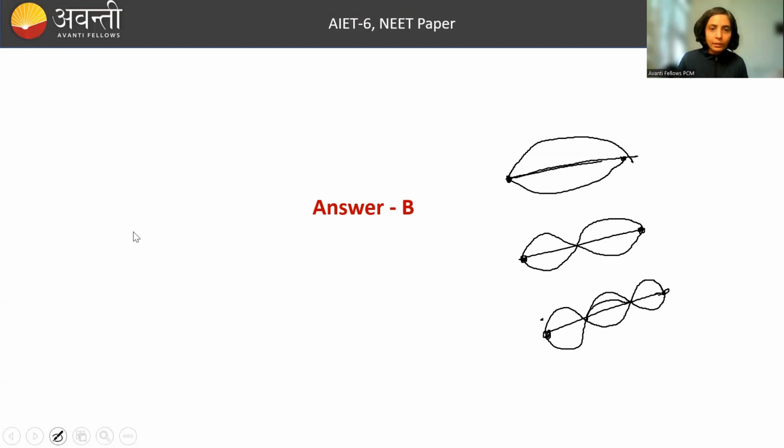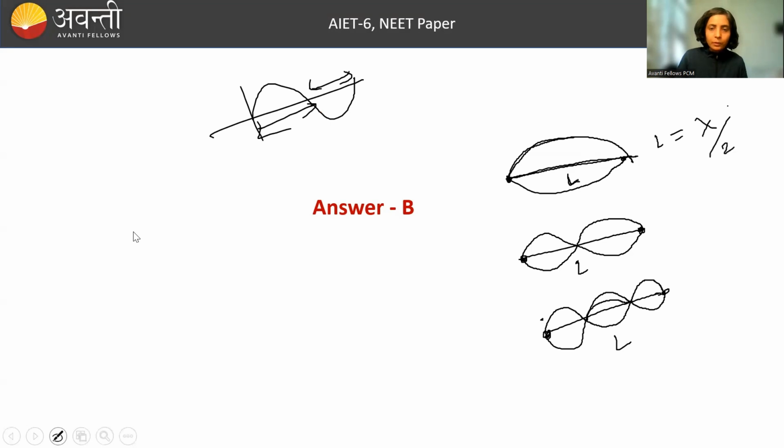See here, this is length L. The string is the same in all the cases, so the length is L. And here L will be equal to how much? In a wave, if you see, this is lambda by 2, this is lambda by 2, and the whole is lambda. So L equals lambda by 2. And what is the relation between the velocity of the wave, frequency and wavelength?